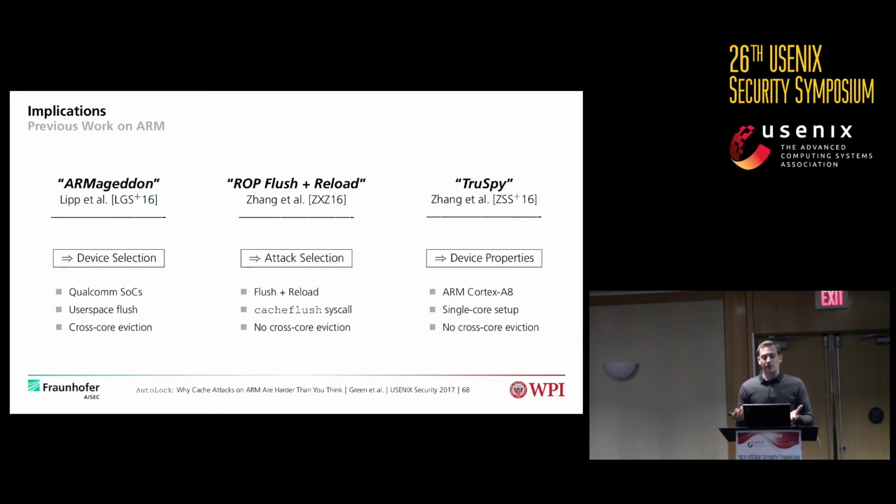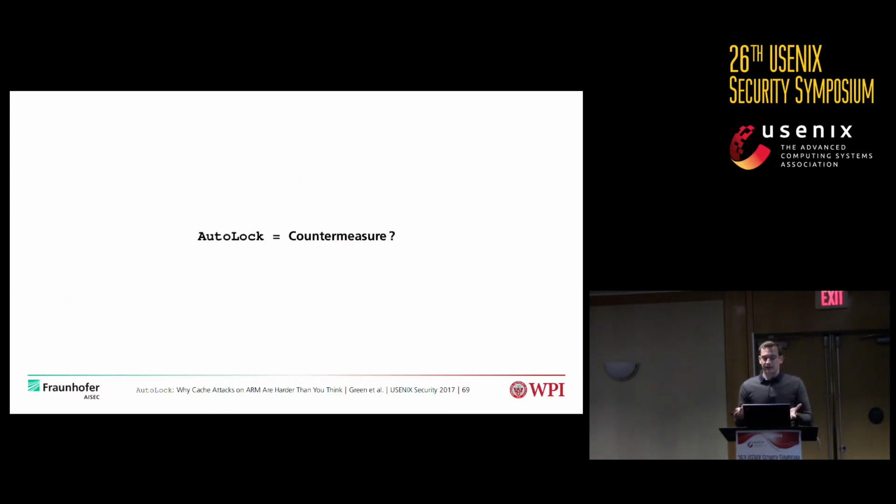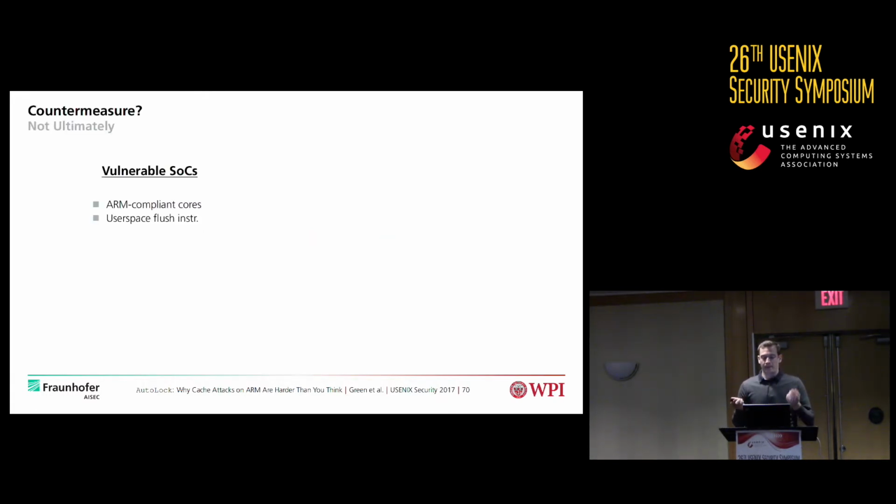So now that we know AutoLock exists, it has an adverse impact on attacks, and it's found on a couple of systems on chips. The question is, is it a countermeasure? Does it help us to actually defend against cache attacks? And the answer to that is, it's not ultimately a countermeasure.